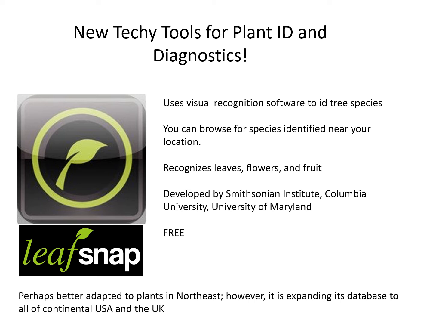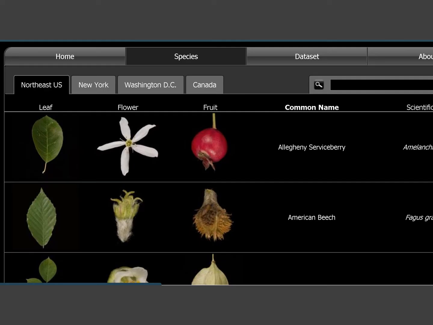Now, here's the glitch. It was developed by the Smithsonian Institute, Columbia University, and University of Maryland. So it's really good at stuff on the East Coast and particularly the Northeast, not so good at California. However, I did go to their website and they are expanding it to the entire continental USA and the UK. So this is going to be improving over time.